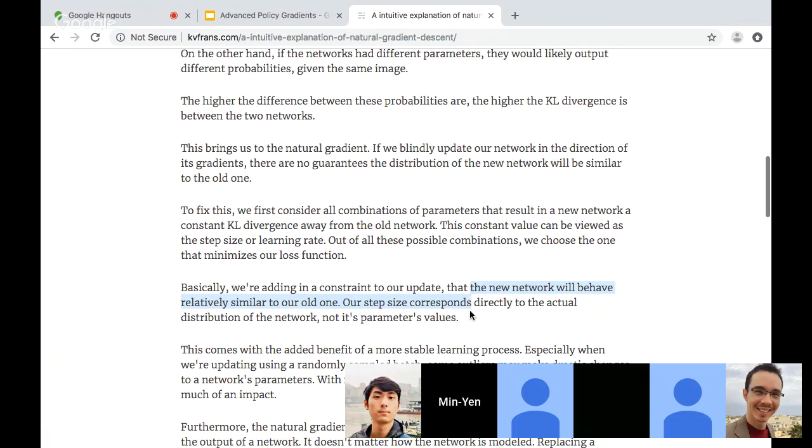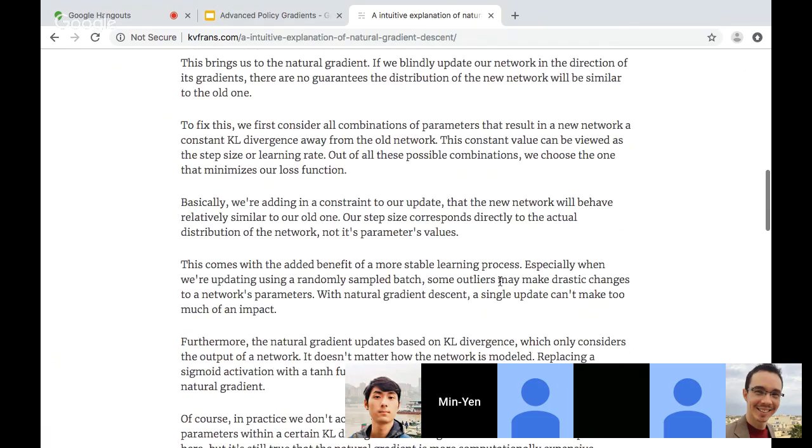So our step size is going to correspond to some distribution of the network, not its values, which is what we were doing previously, right? We're doing theta prime minus theta, and so we're not doing that anymore. We're looking at the policy, the distribution policy, right? So we get a more stable learning state because we're making sure that the distributions are close.